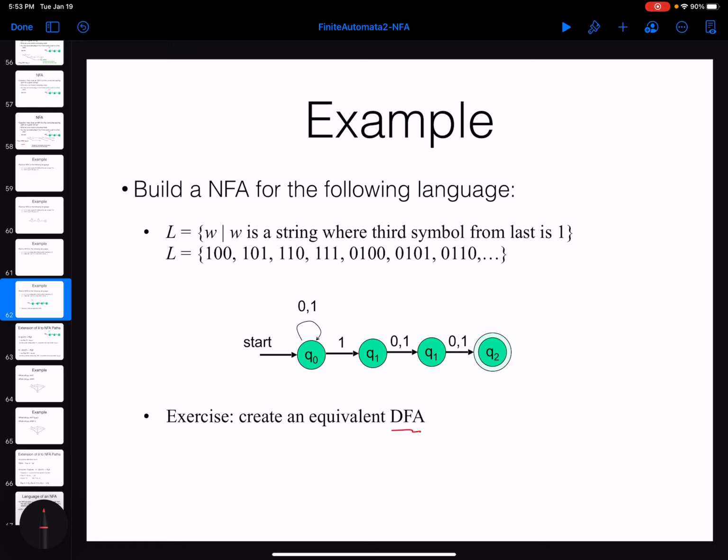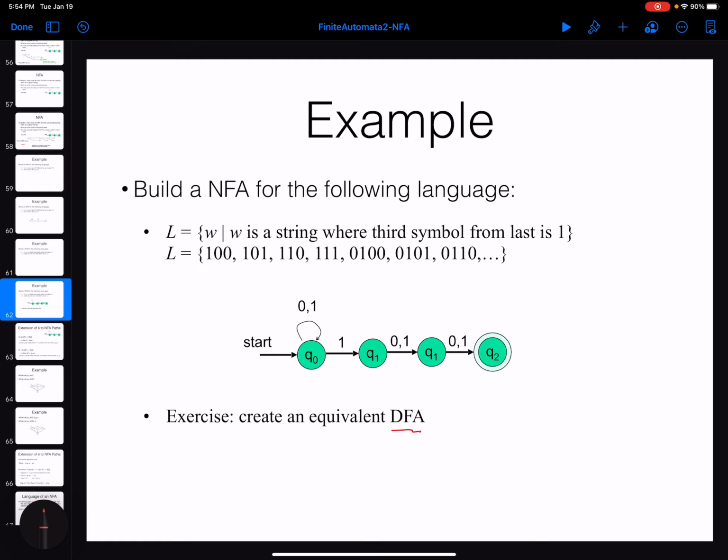And you don't really care about creating the DFA or NFA. The only thing that you care about is, can I create a finite state machine? Is this language going to be regular or not? So if I can create an NFA for that, I will say that, okay, this is going to be a regular language. So designing NFAs makes solving this problem much easier for us: when you want to determine if the language is regular or not, if you can create an NFA for that, you will say that this is going to be regular.